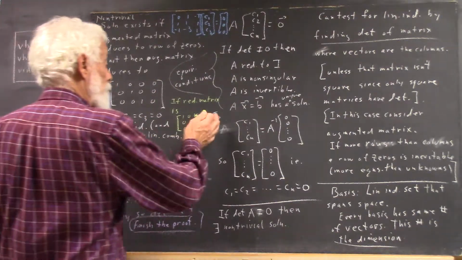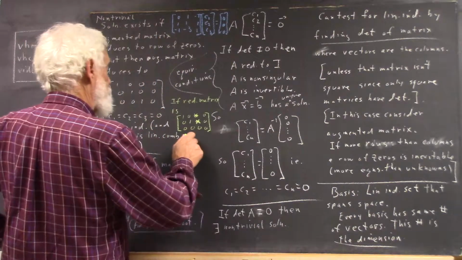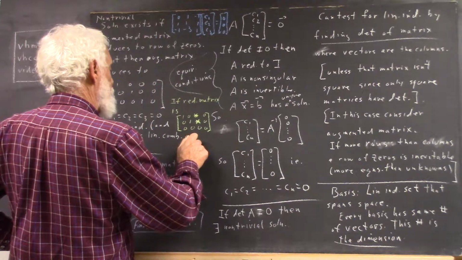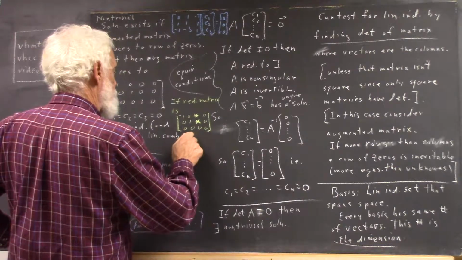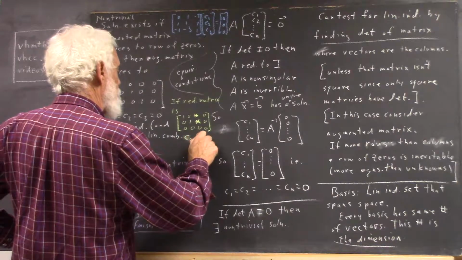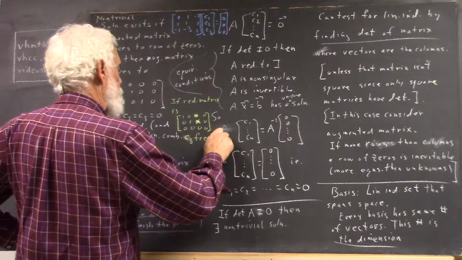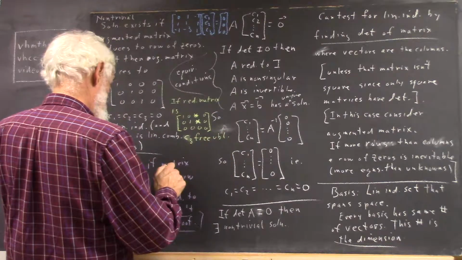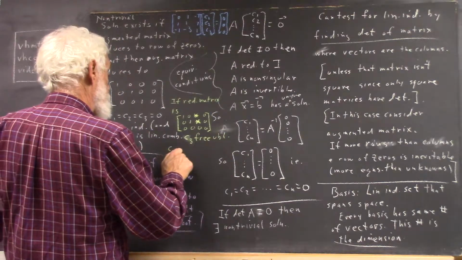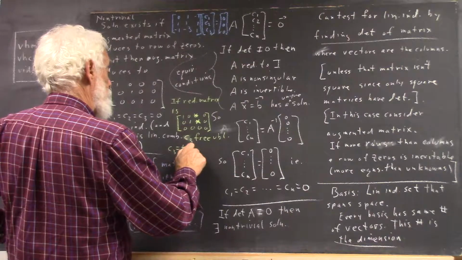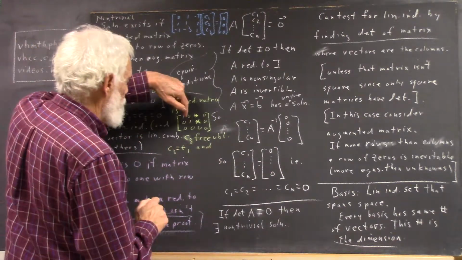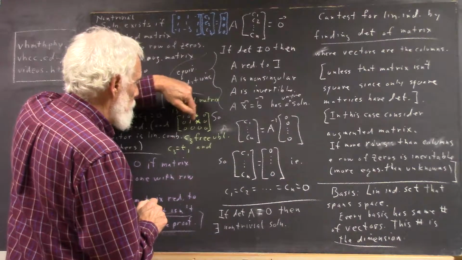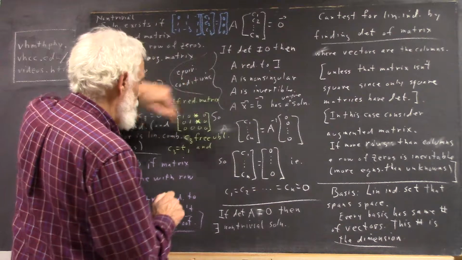So what does this say? This says that C3 is a free variable. So you could let C3 equal T, and then this equation says C2 plus whatever multiple of T equals 0.